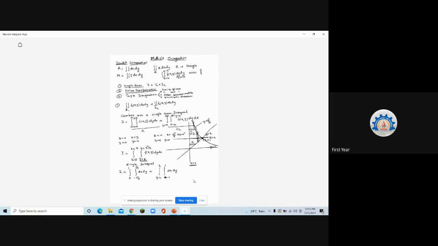And obviously you have to evaluate it also. So first you have to convert this to a single integral. So this is I1 plus I2, right?